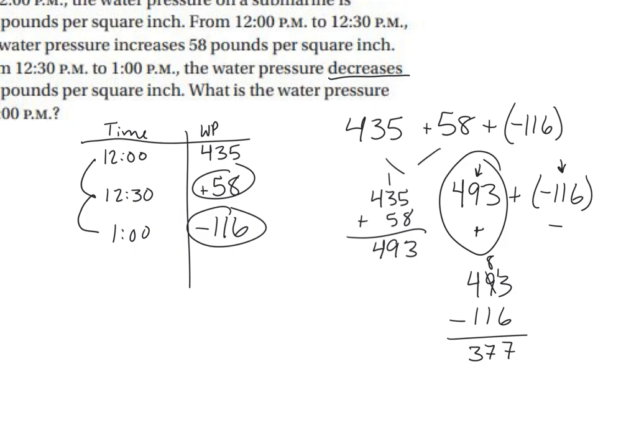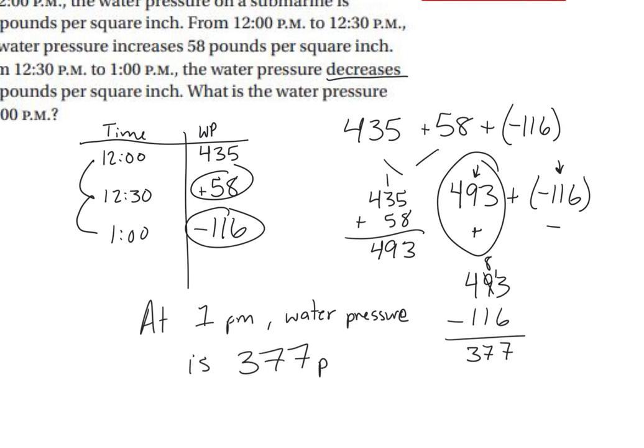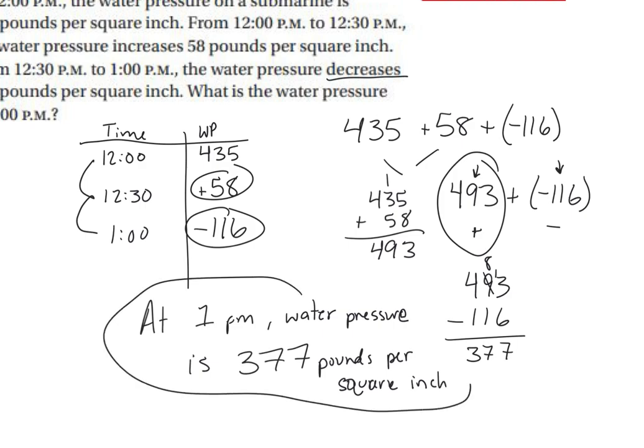It's positive, meaning my water pressure at 1 p.m. is 377 pounds per square inch. And just like that, we have our answer.